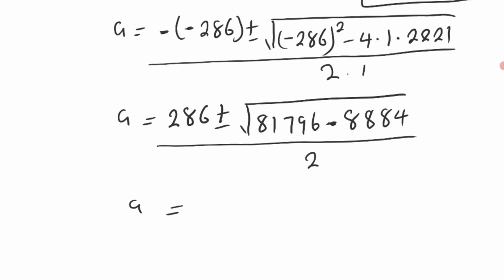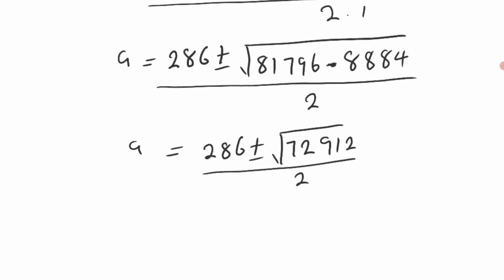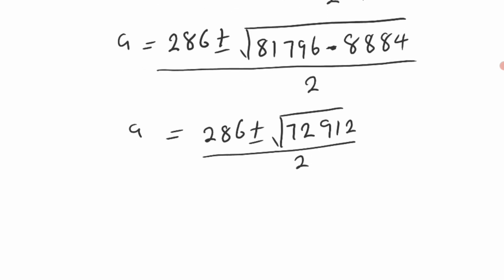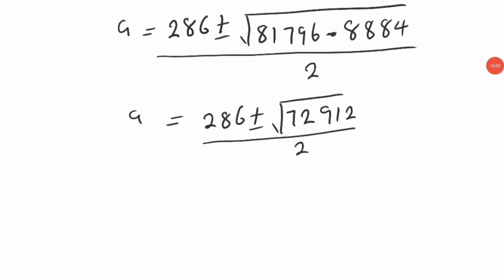A is equal to 286 plus or minus square root of 81796 minus 8884. That will be 72912 over 2. But square root of 72912 is equal to 270.